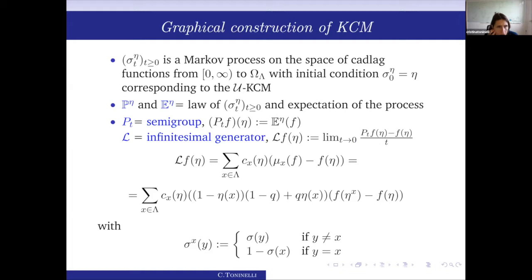Yes, because you're building it like that: you take your favorite Gibbs measure, and because Cx here does not depend on eta at site x, Cx of eta and Cx of eta flipped at x are equal.